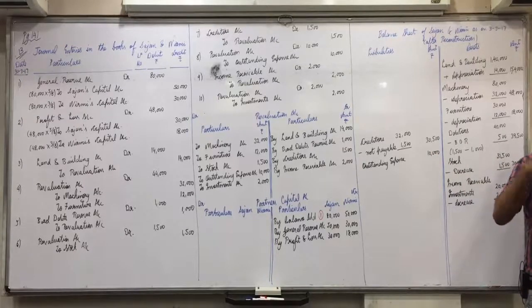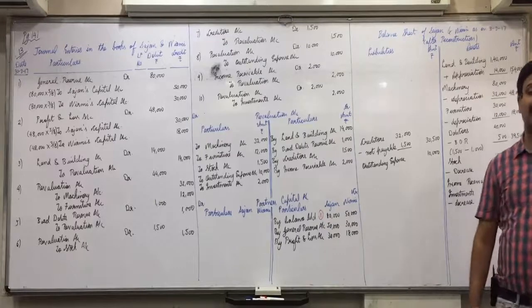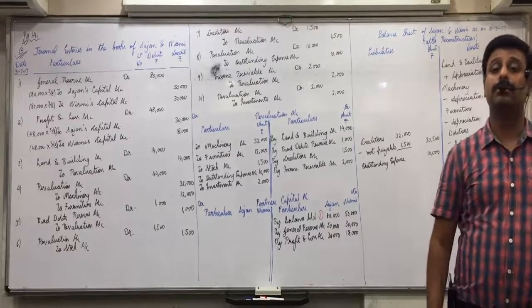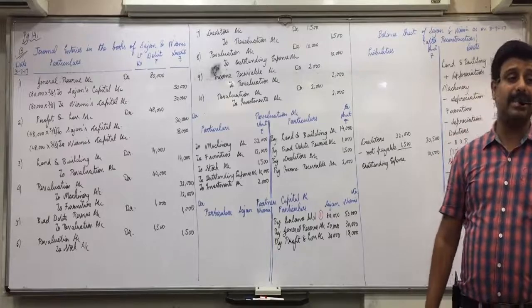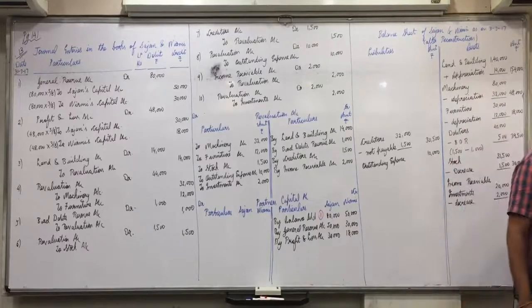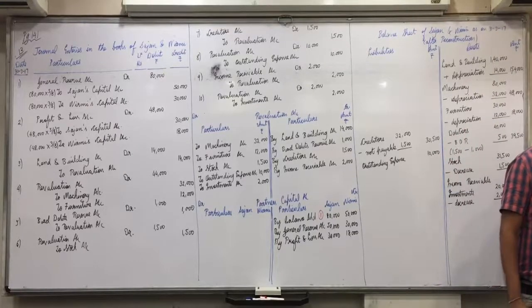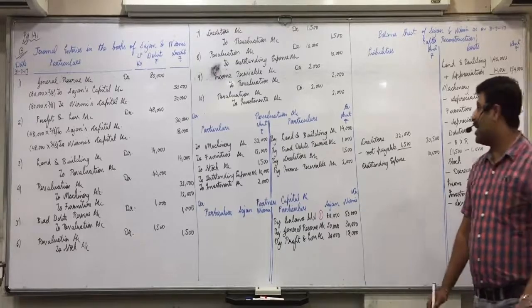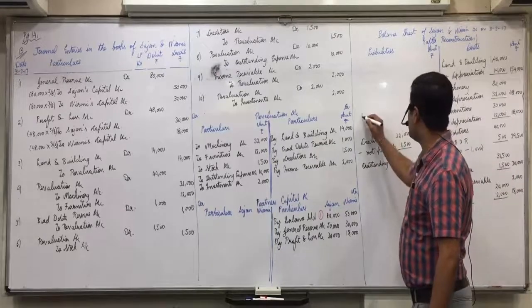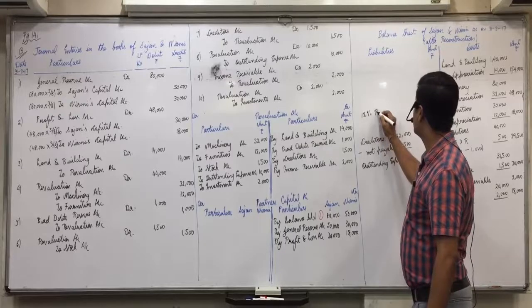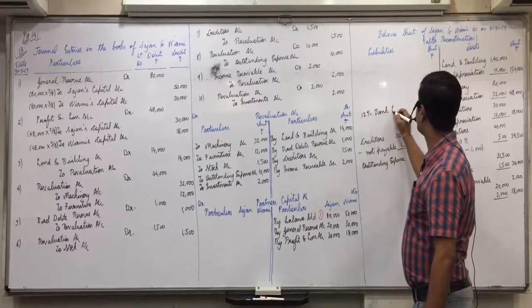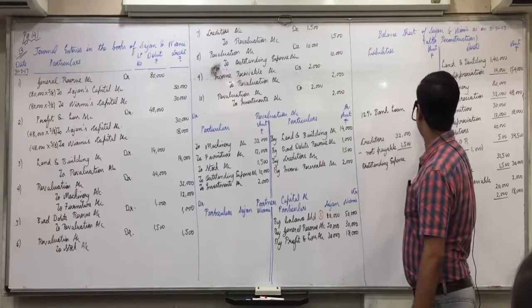Fourth step, you'll record unticked items as they are. Liability side, what is not ticked? 12% loan. Number it as 4. Write on the liability side 12% bank loan 70,000.